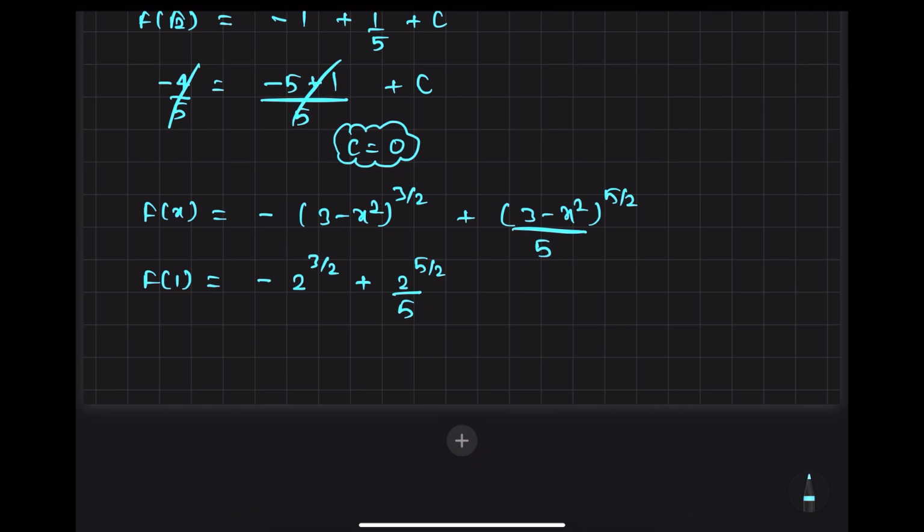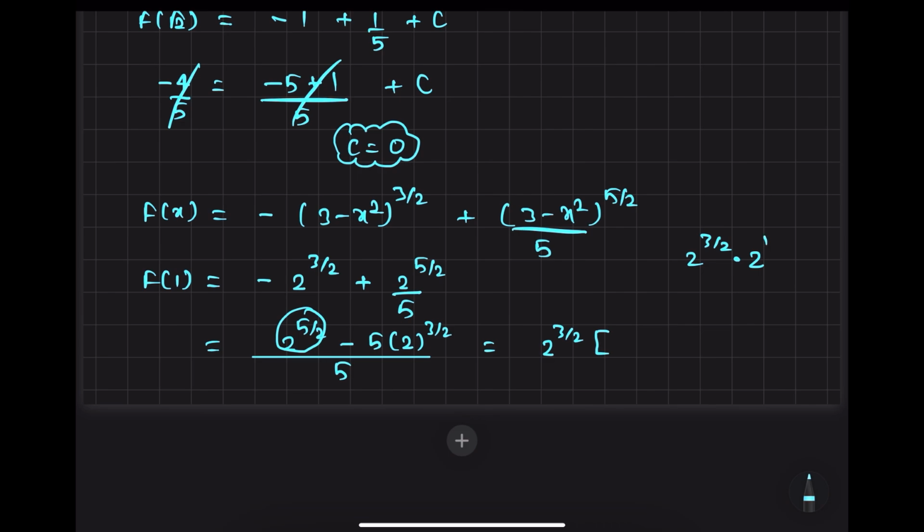Now let's do a little bit of simplification. I'll take the LCM. So it is 2 power 5 by 2 minus 5 times 2 power 3 by 2, all by 5. Okay, so look at this. I'll take 2 power 3 by 2 common. So we will be left with what? You can write this component as 2 power 3 by 2 into 2 power 1.